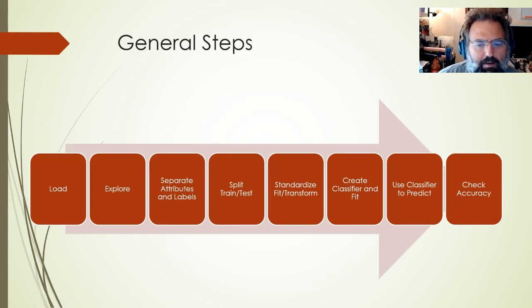The general steps, whenever you're dealing with pretty much any kind of prediction or classification, and this pattern fits regardless of what you're doing most of the time, you start off by obviously loading the data up. Maybe there's a step or two before that where you get access to it, and so on. And maybe there's also a step or two missing here, like cleanse. I didn't include that. But you load it up, you explore it, you separate your attributes from your labels. Then you typically do the split across train and test, so set aside a certain percentage for testing.